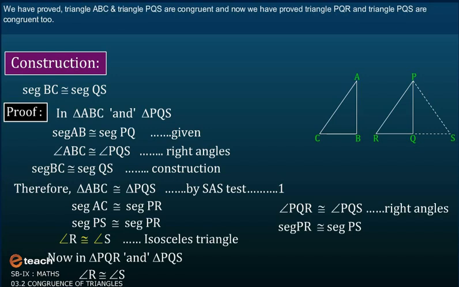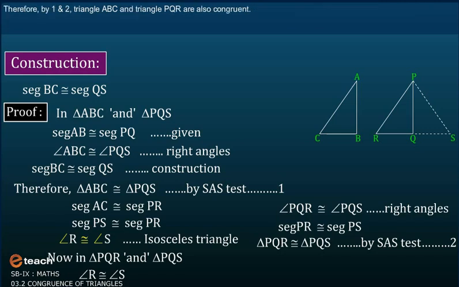We have proved triangle ABC and triangle PQS are congruent and now we have proved triangle PQR and triangle PQS are congruent too. Therefore, by 1 and 2, triangle ABC and triangle PQR are also congruent.